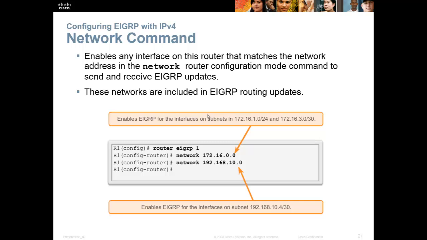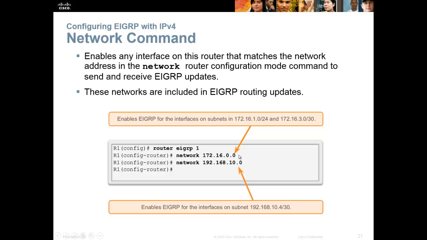I can advertise network 192.168.0.0, and that matches all three. So I can use one network statement to match all three of my networks. Like here on router 1 that they're showing, he has two interfaces, 172.168.1 and 172.168.3, but he's going to advertise 172.168.16.